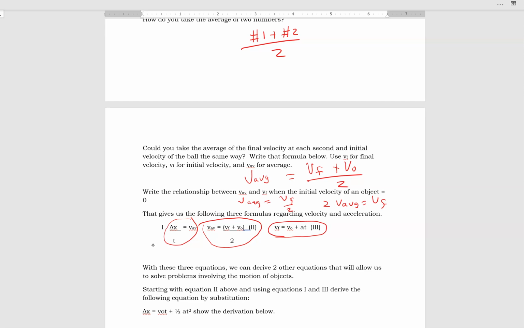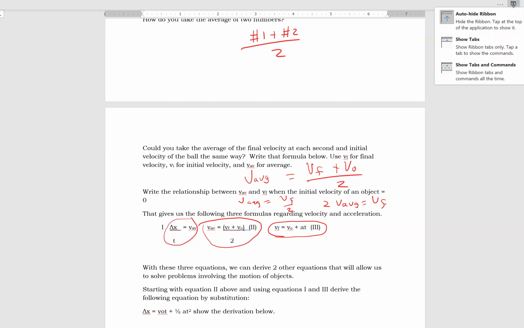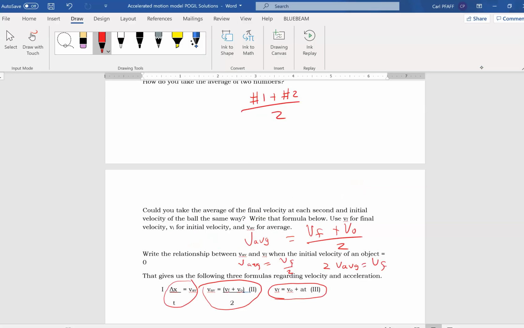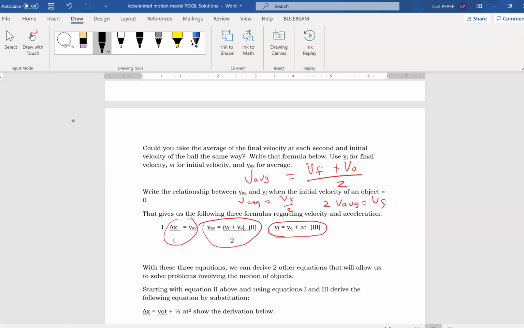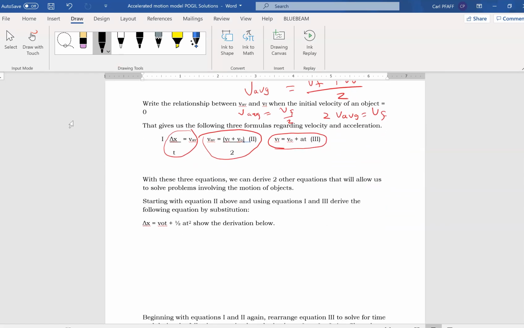All right, so now we're going to look at those 3 equations, and we're going to develop some equations that we can use to do some math. So this is one of those equations that we want to use. It's called the position time equation. And we want to start with these equations over here and make some substitutions and figure out how we can get those equations to produce this one.